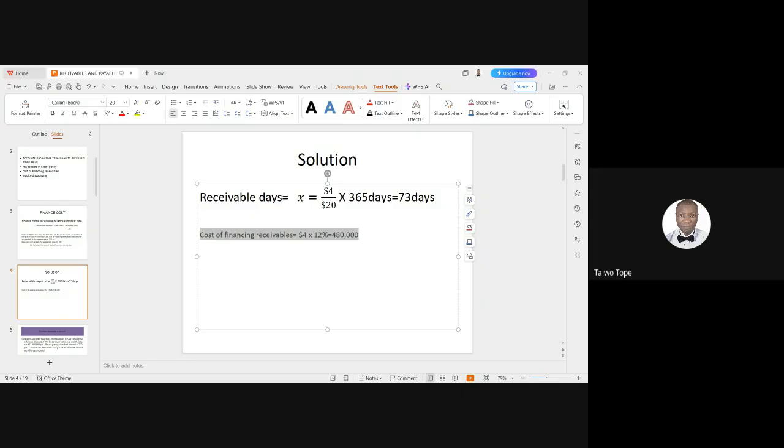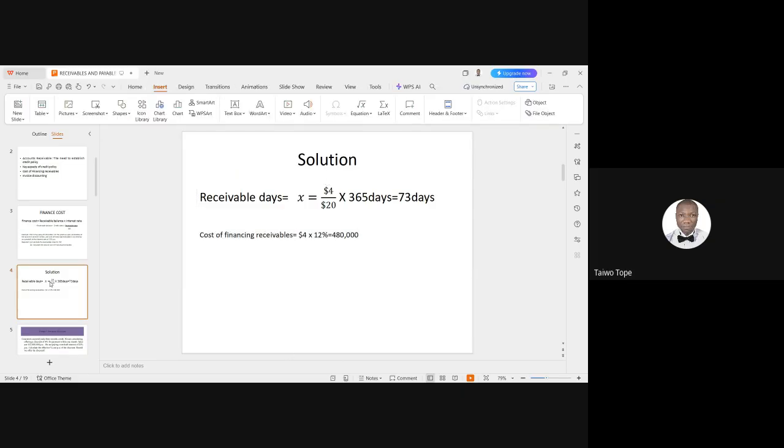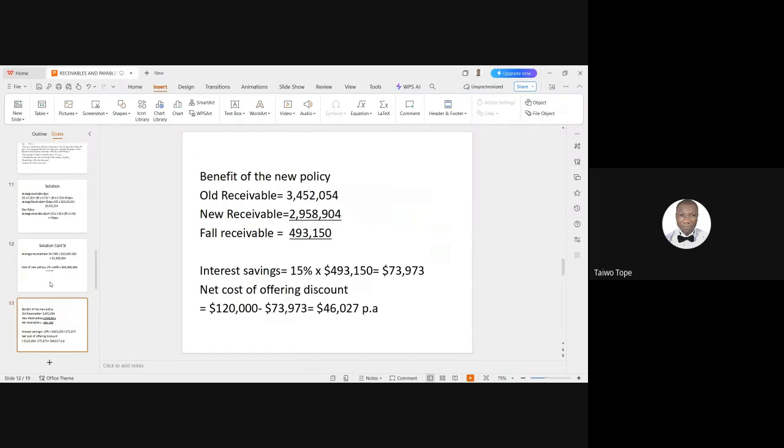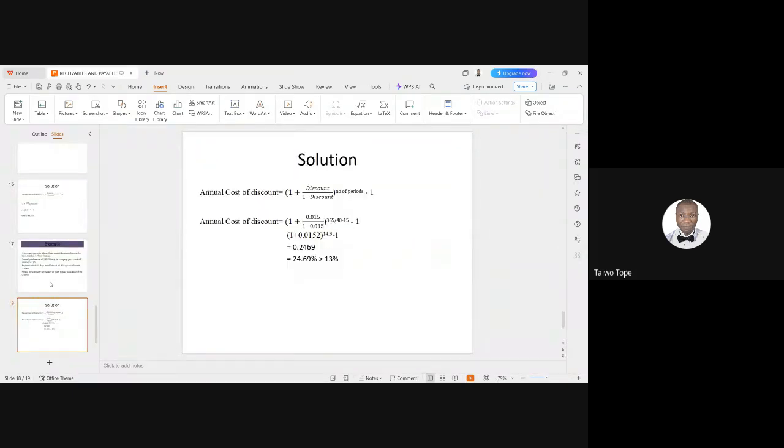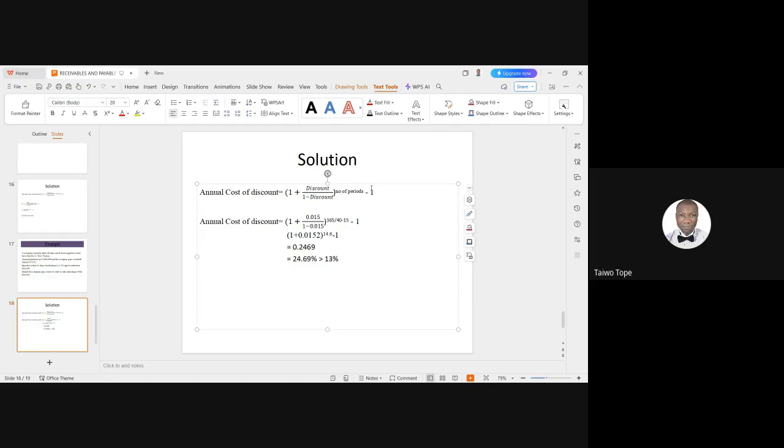So for you to determine your discounts, there is a formula we need to know. It is called the annual cost of discounts.